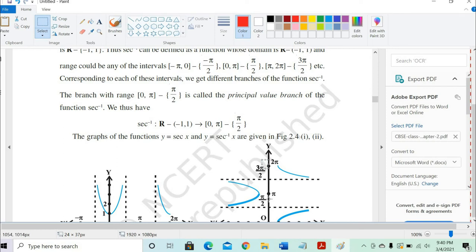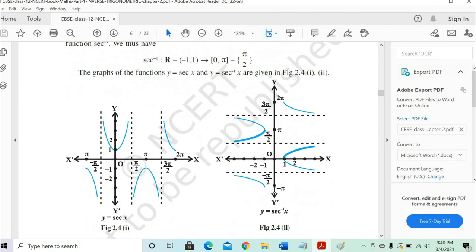So we have the included values 0 to pi except for pi by 2. Pi by 2 is not defined, so we don't want that to take place. Understood? Any questions, any doubts? No, sir. It's clear. So this part is clear to you.